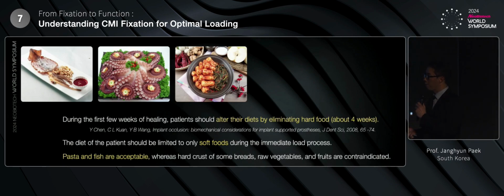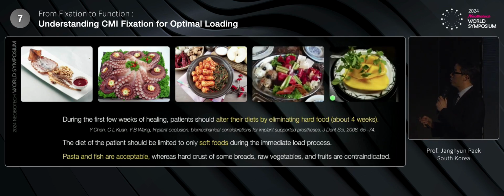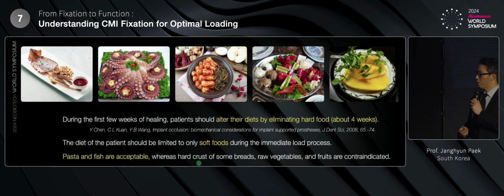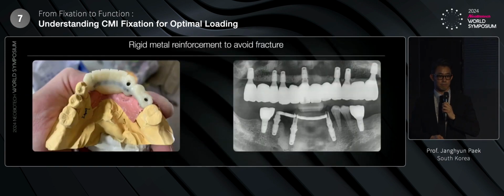So we have to alter the patient's diet by eliminating hard food for about 4 weeks. These soft diets should be instructed to the patient, and in the literature, the exact wording is pasta and fish are acceptable, whereas hard crust of some bread, raw vegetables, and fruits are contraindicated. So we have to explain to the patient to be on a soft diet.